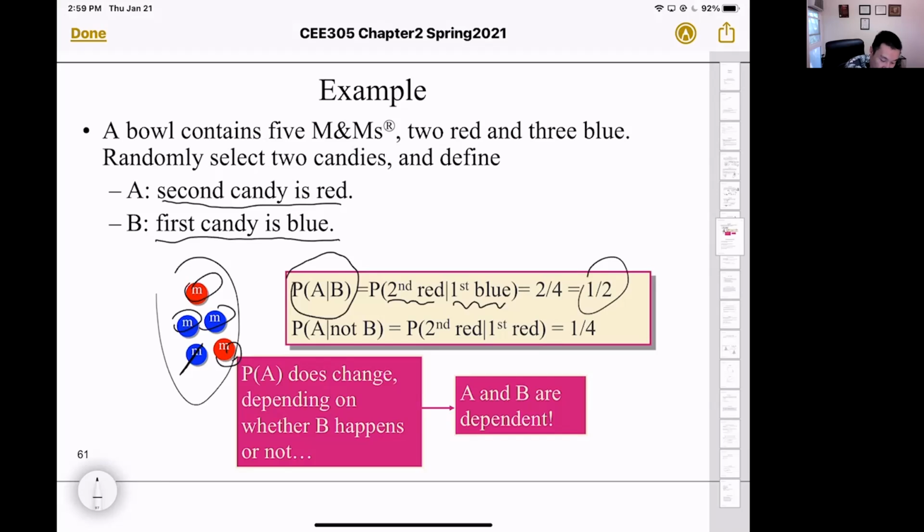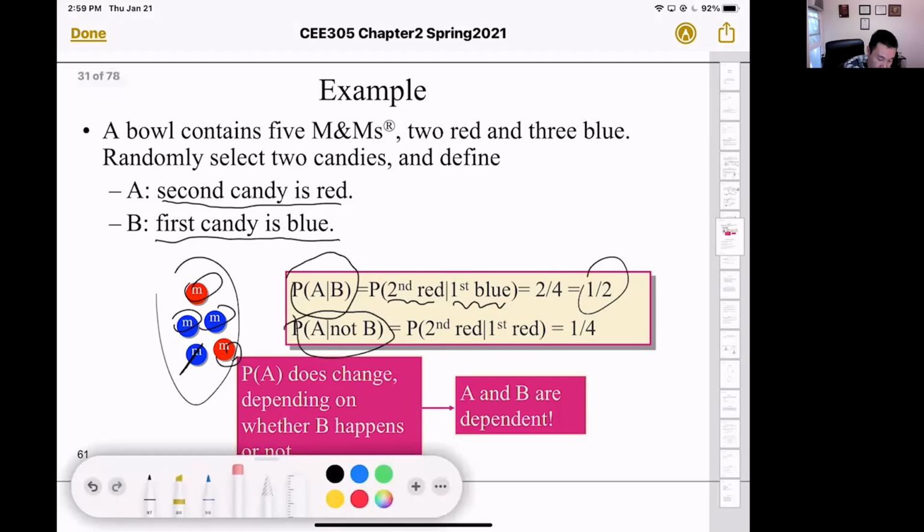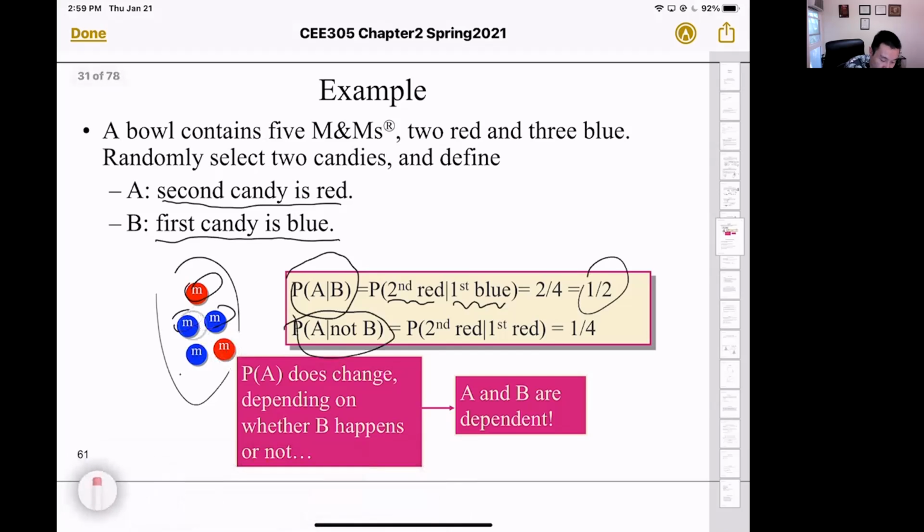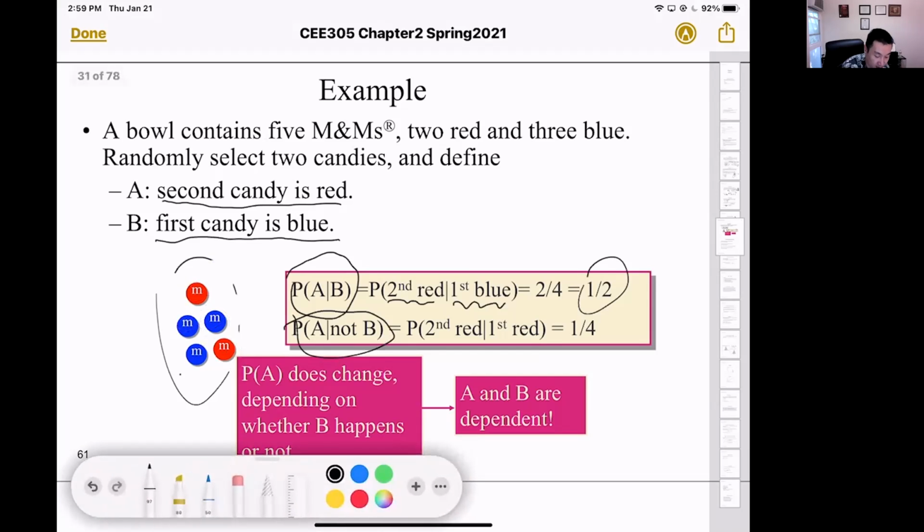Then let's look at P(A given not B), which means given that B does not happen. Given B does not happen means the first candy is red, right? B is the first candy is blue, so not B means the first candy is red.